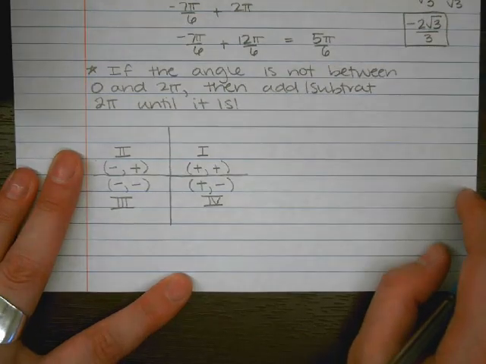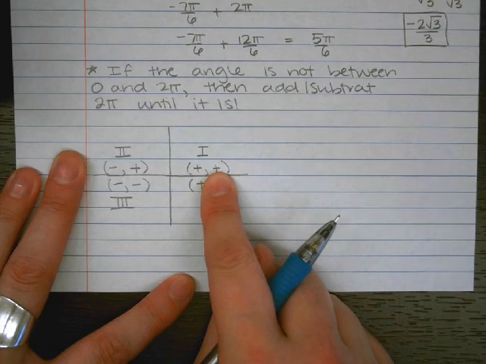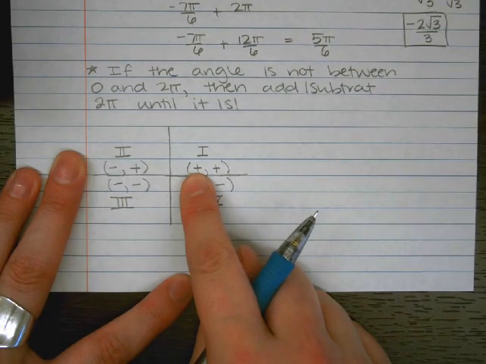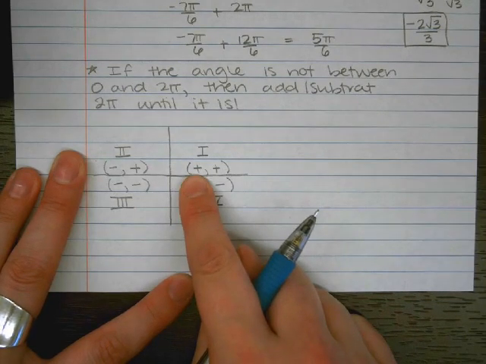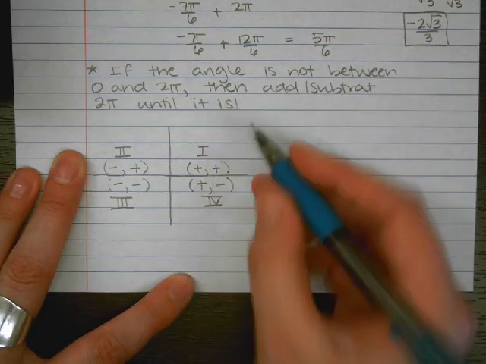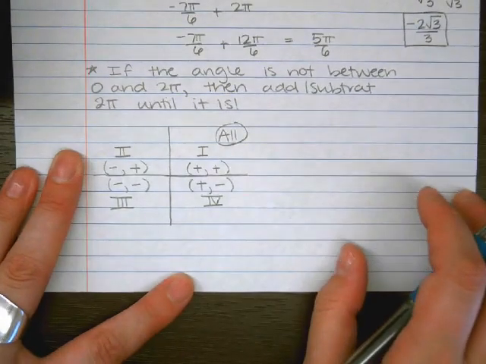So if we look at the first quadrant, that means that sine is positive and cosecant is positive. Cosine is positive and secant is positive. And then y divided by x would mean that tan is positive and cotangent is positive. So in the first quadrant, all 6 trig functions are positive.